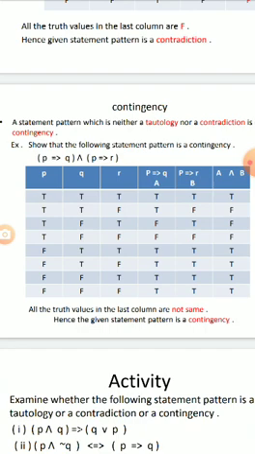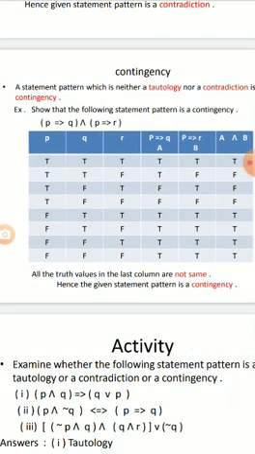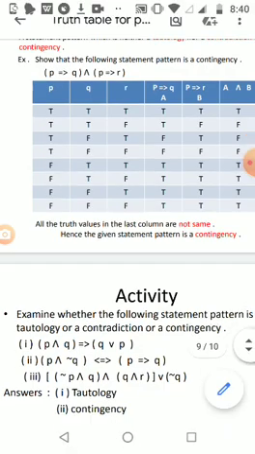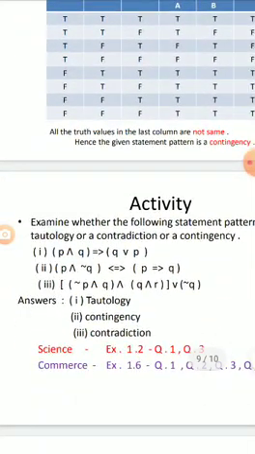Last column shows truth values of the given statement pattern, and here we see that it is neither a tautology nor a contradiction, as there are T and F both, and therefore it is called a contingency. So contingency is a statement pattern whose truth values are not the same. All are not T and all are not F. So these are the 3 types of statement pattern. Every statement pattern could be a tautology, a contradiction or a contingency.